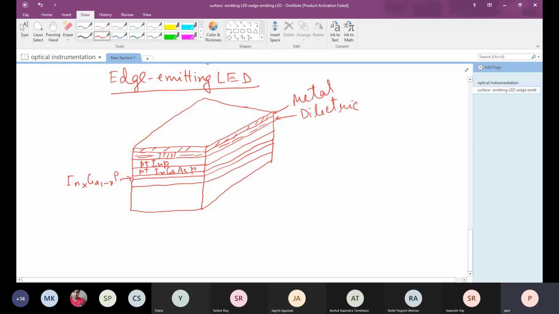So this is the active layer, indium gallium phosphide, and then we have the N plus indium gallium arsenide phosphide, InGaAsP.